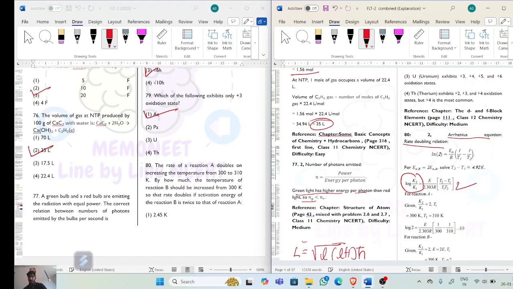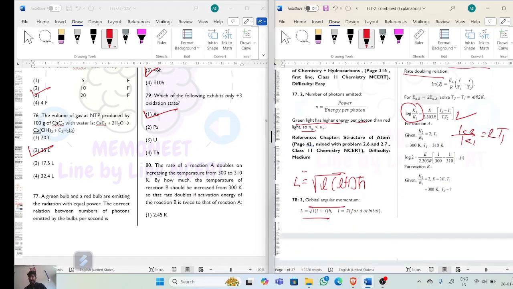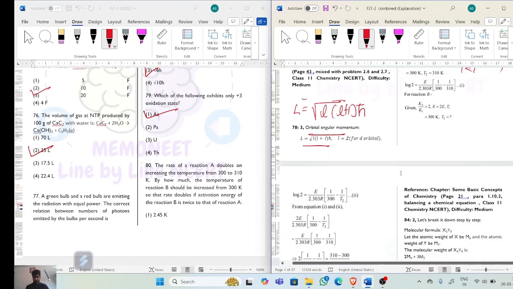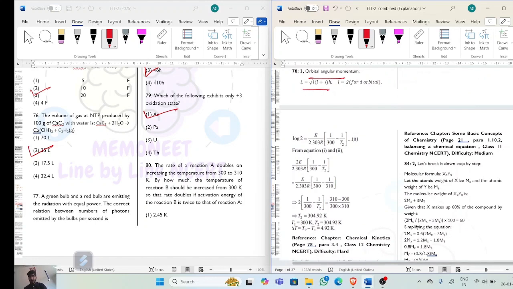Okay, now we are given that K2 by K1 is equal to 2. Now solving, we get log 2 is equal to Ea divided by 2.303 R into this expression. Okay, now similarly we will calculate this for equation number 2. For equation number 2 we put all the values. Now this will be our equation number 2.